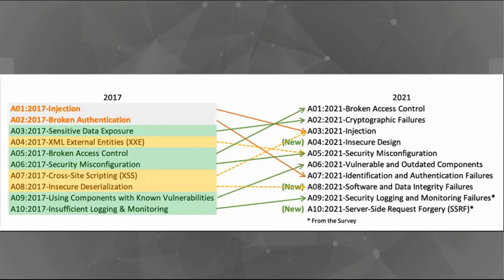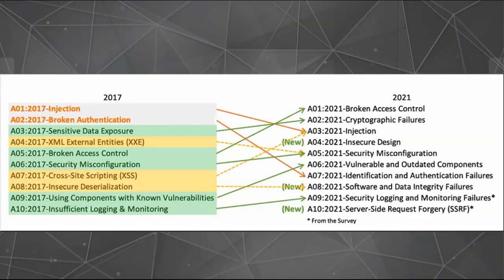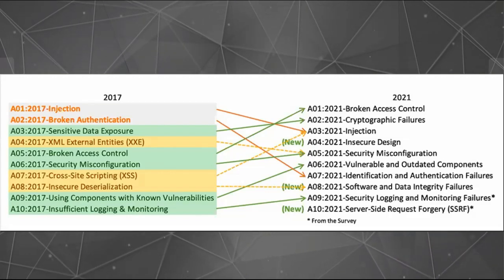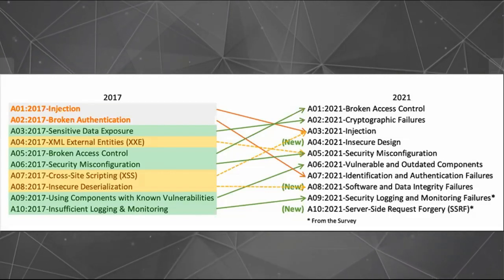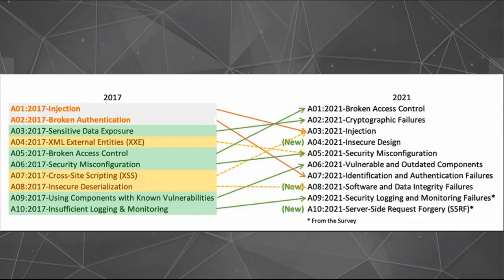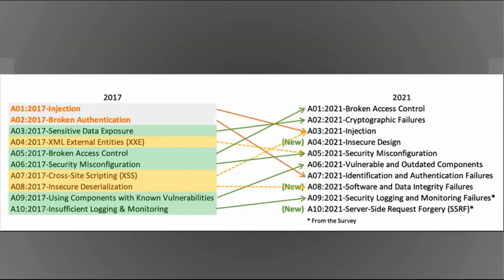OWASP said they tested 94% of the applications, with 34 CWEs, which means Common Weakness Enumeration, mapped to broken access control. So that is why it's now been elevated as the main vulnerability when it comes to applications.